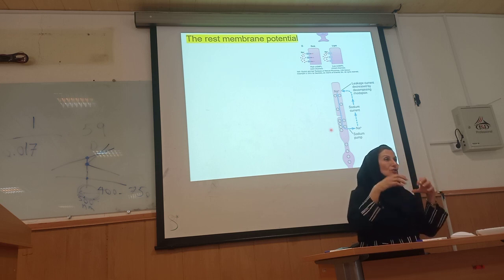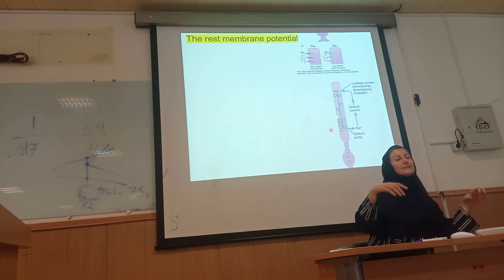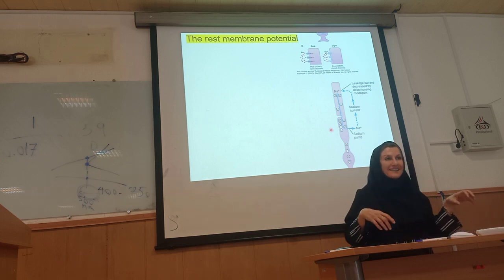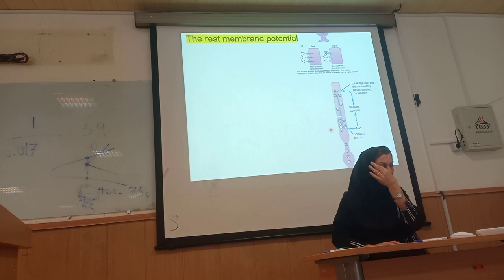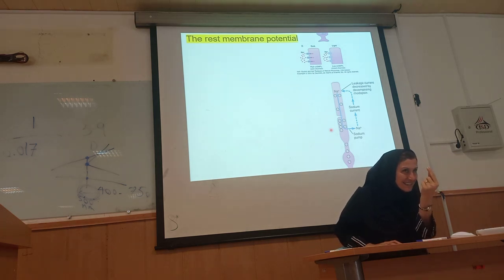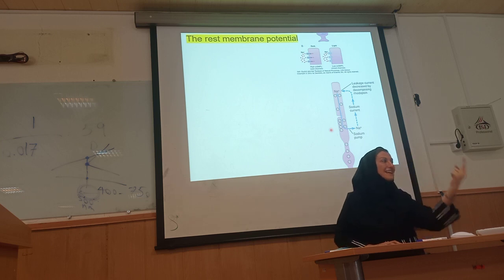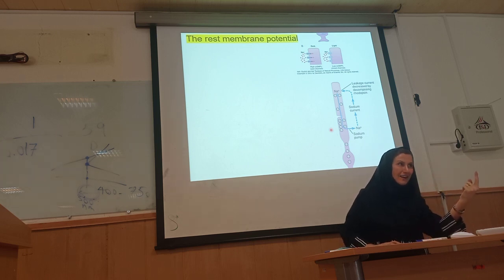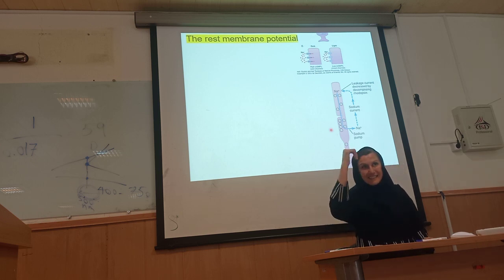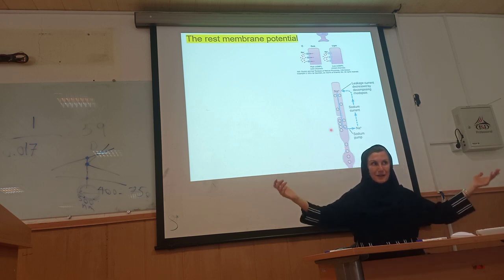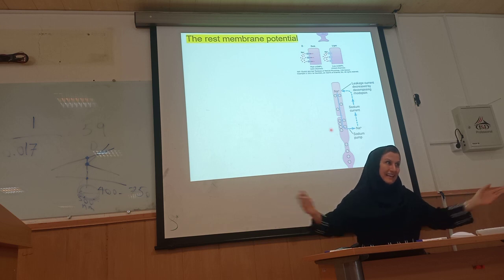Why should I explain the rest membrane potential here? Because, unlike other neural cells that you know about, there is some difference between the rest membrane potential of photoreceptors and other cells that you know, for example, a neuron.